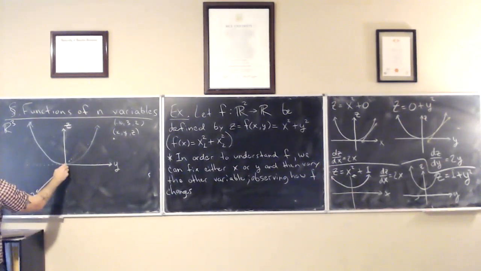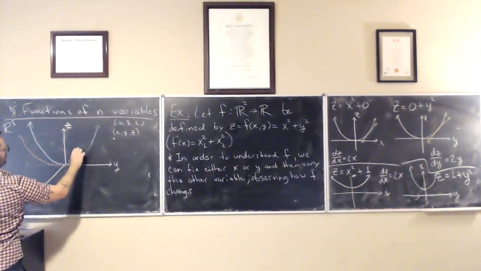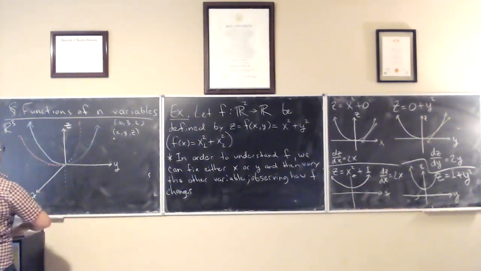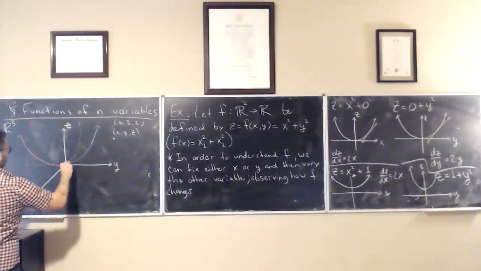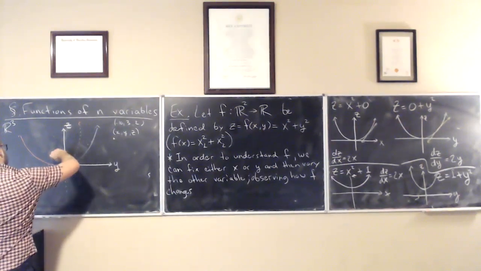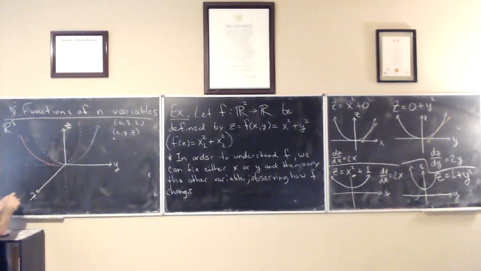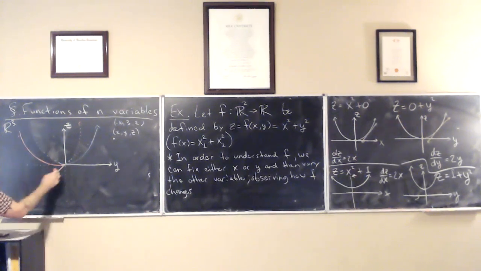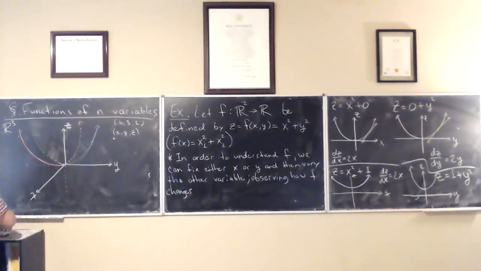So as x increases, maybe like that, and then so it looks like this blue line here would have been behind, right? And the red line is in front. And then behind it, like that.